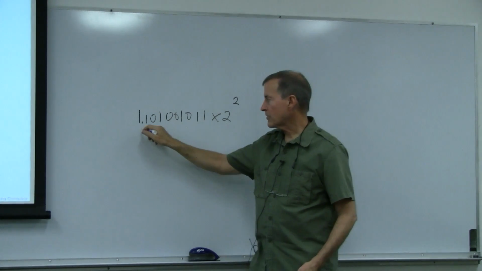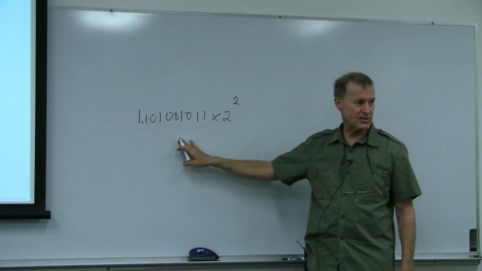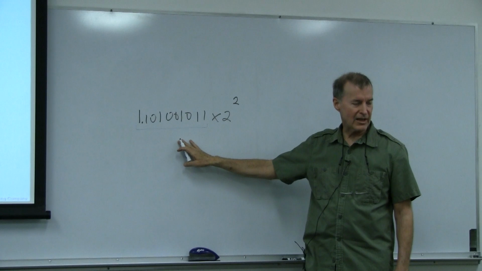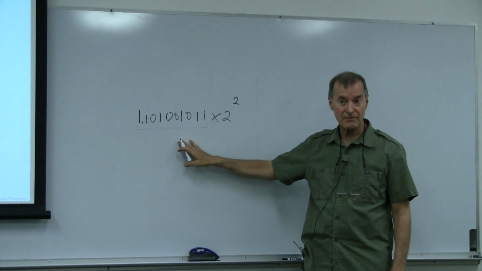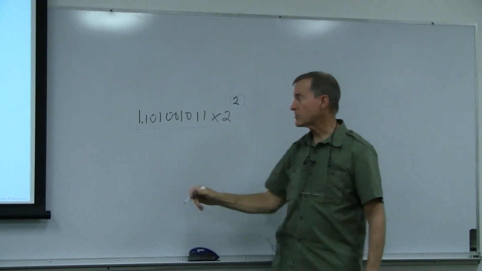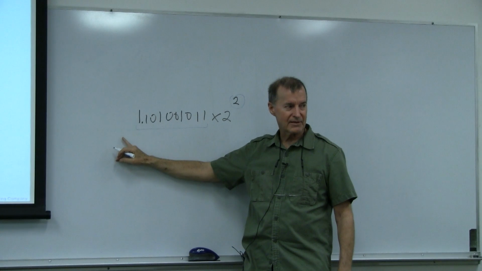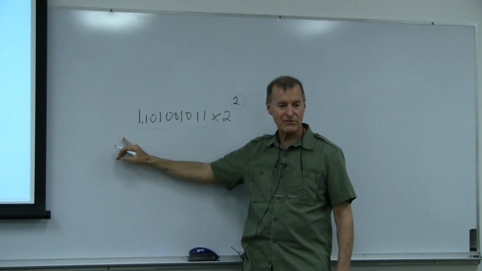Yeah, we're going to have to store this string of bits, which is the significand, but then we're also going to have to store the exponent. And we're also going to have to store whether it's positive or negative. So we're also going to have a sign bit.